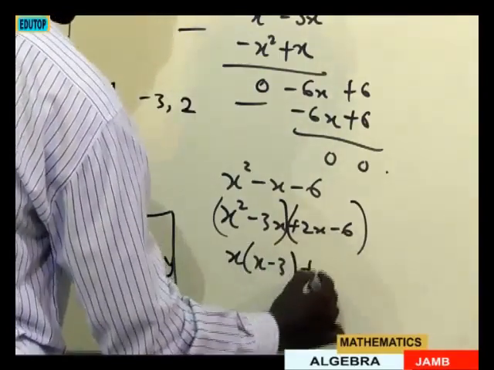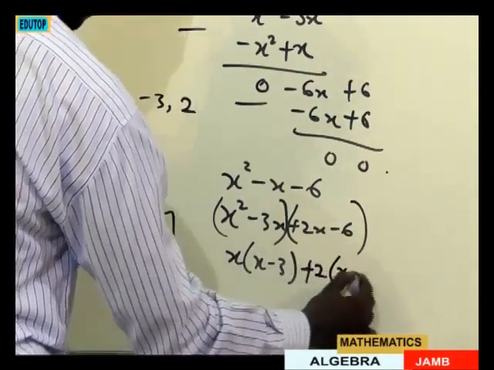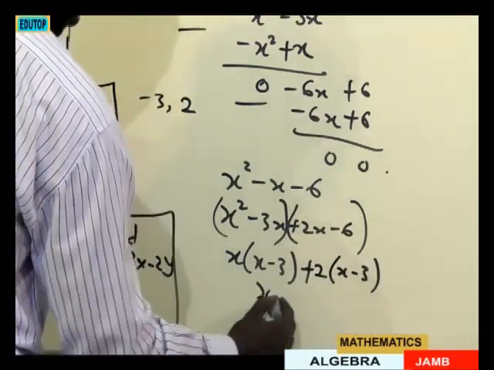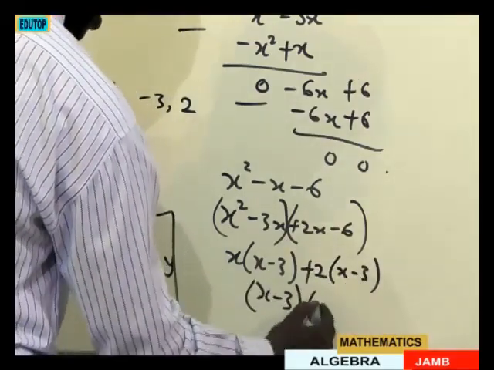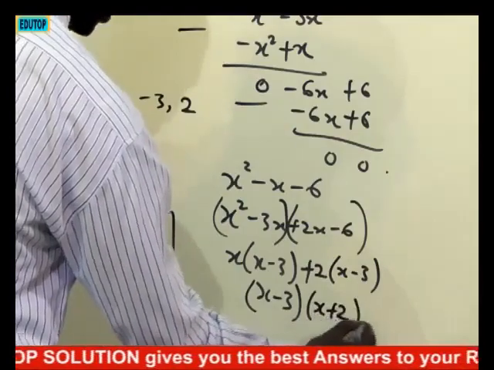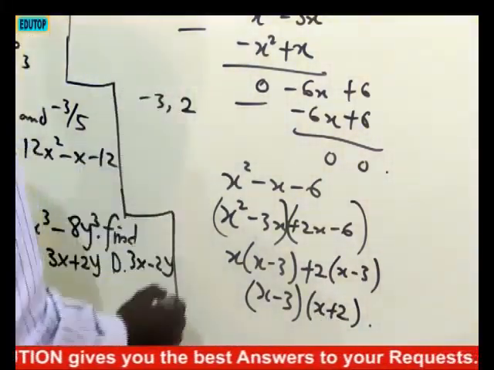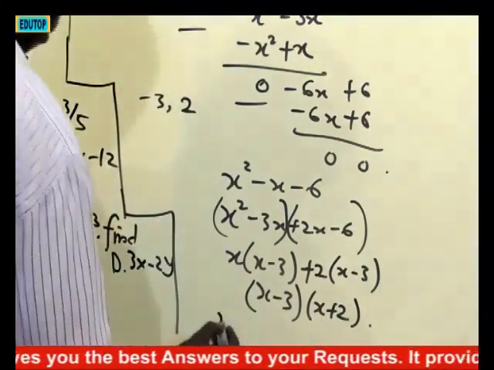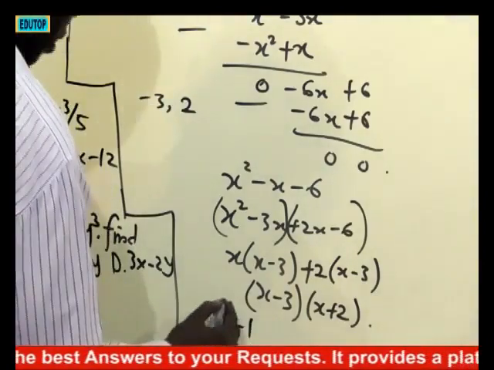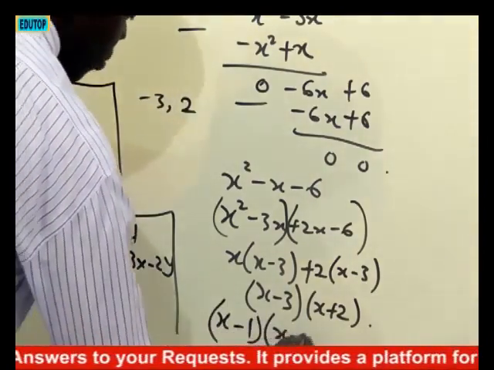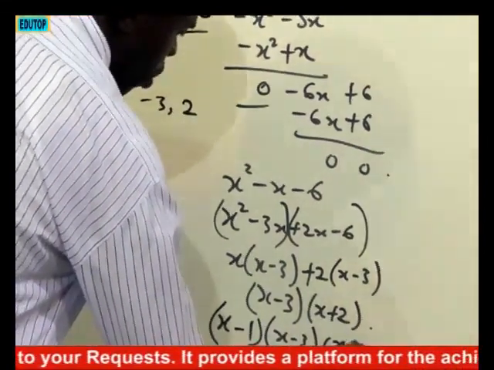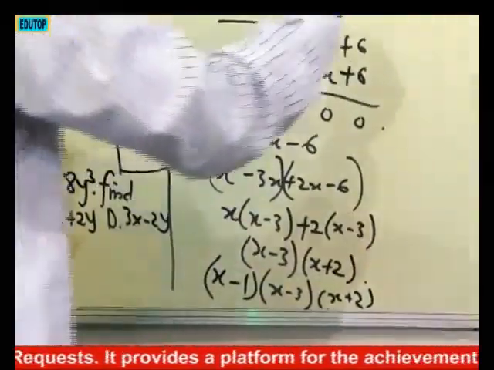What is common here? Plus 2 into x minus 3. Then we have x minus 3 times x plus 2. Meanwhile we have x minus 1 initially. Then we have x minus 3 and x plus 2.